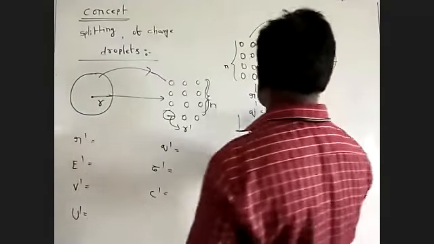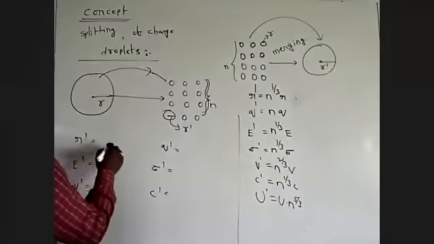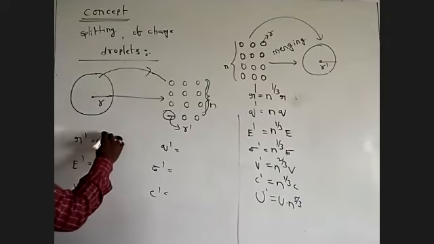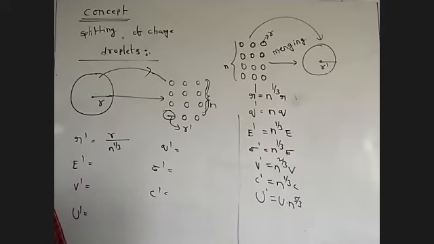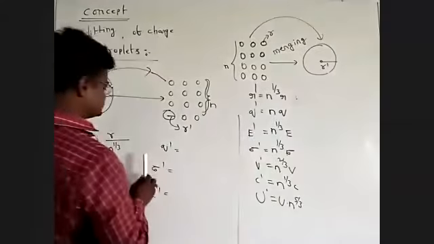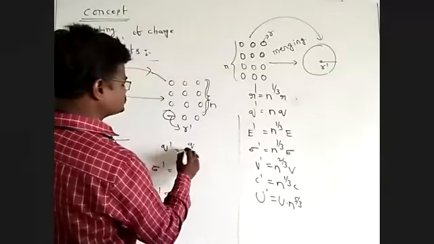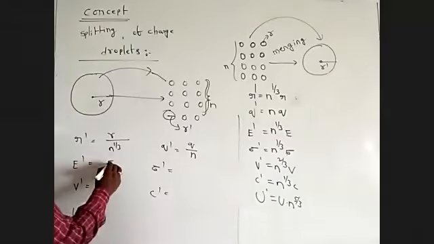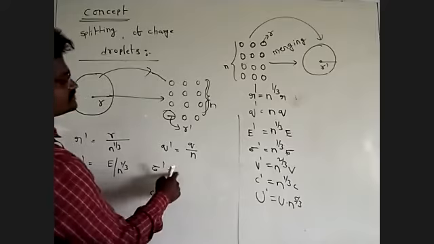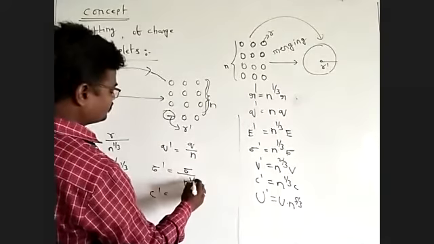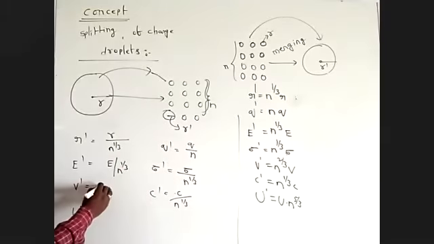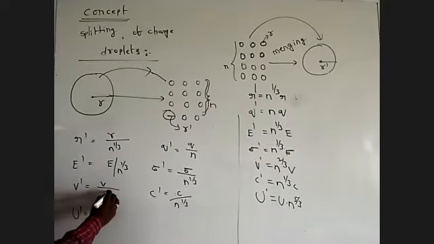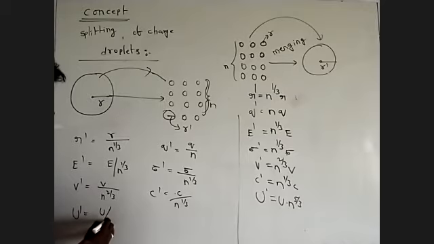Reverse means we write R dash is R by N power of 1 by 3, Q dash is Q by N, E dash is E by N power of 1 by 3, sigma dash is sigma by N power of 1 by 3, C dash is C by N power of 1 by 3, V dash is V by N power of 2 by 3, and U dash is U by N power of 5 by 3. So this is your answer.